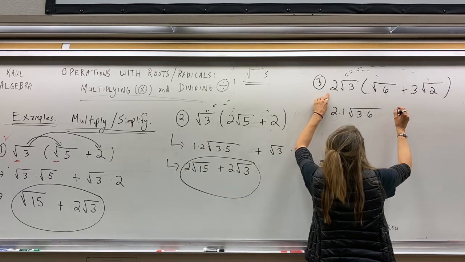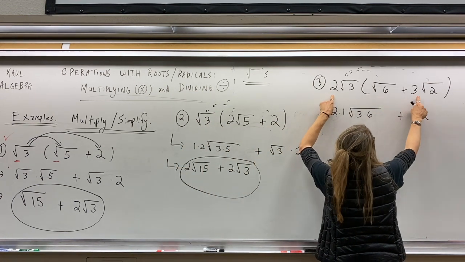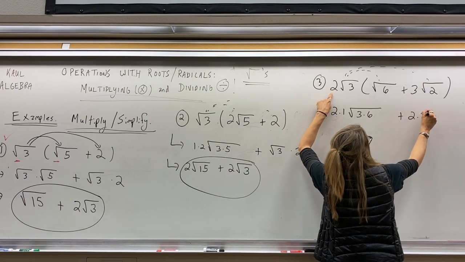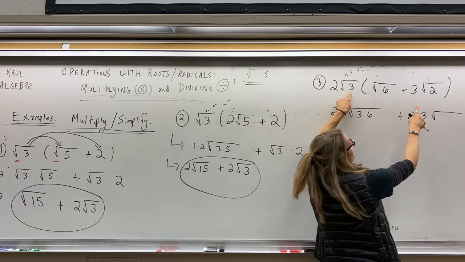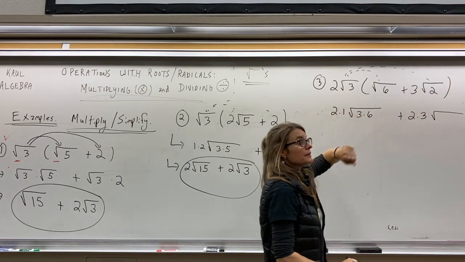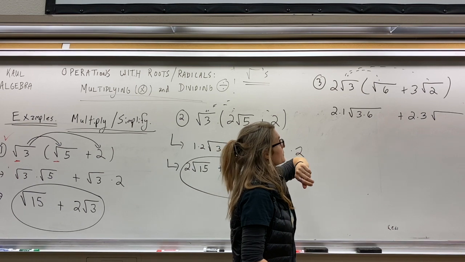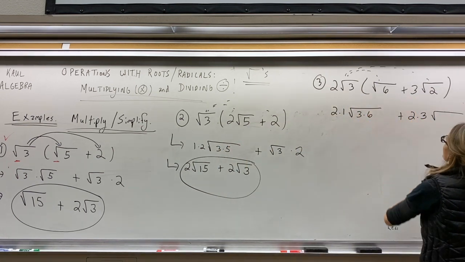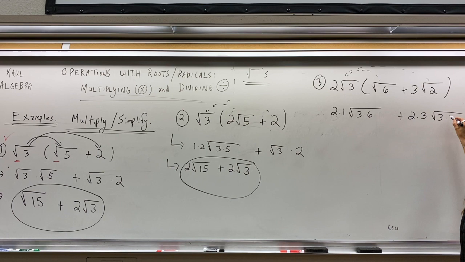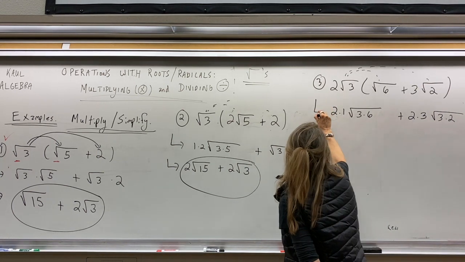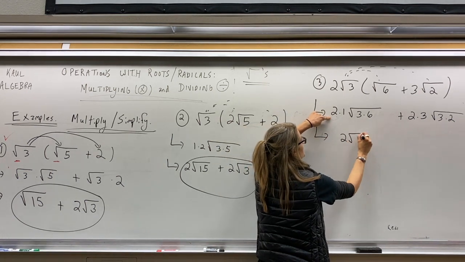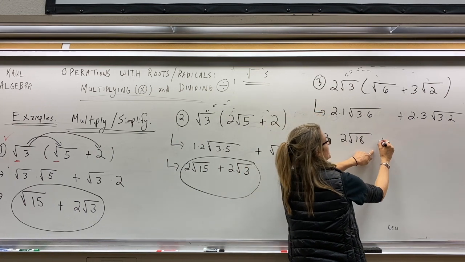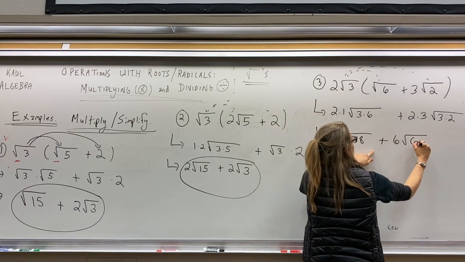Then on this next side, when I say this times this, I multiply the coefficients together, and then I multiply the radicands together, what's underneath the square root sign. They are the same radical, so I'm allowed to do that. This becomes 3 times 2 underneath the square root. Now I'm going to go ahead and take a next step. This becomes 2 square roots of 18 plus 6 square roots of 6.